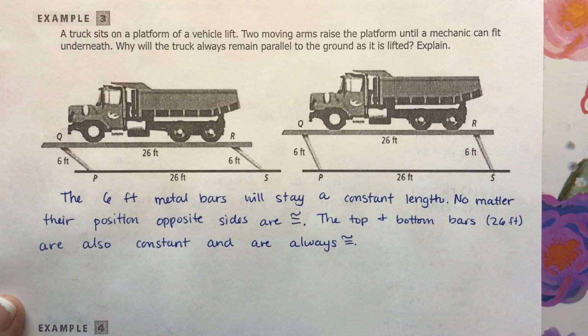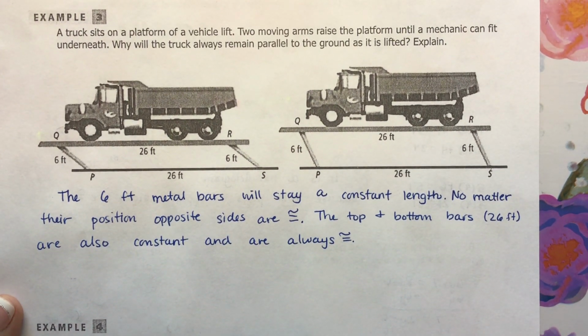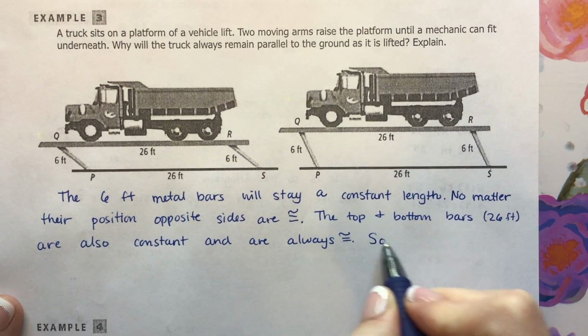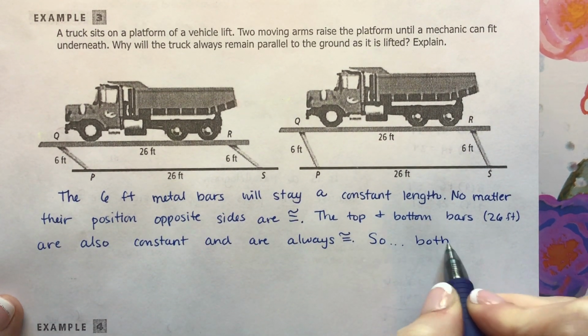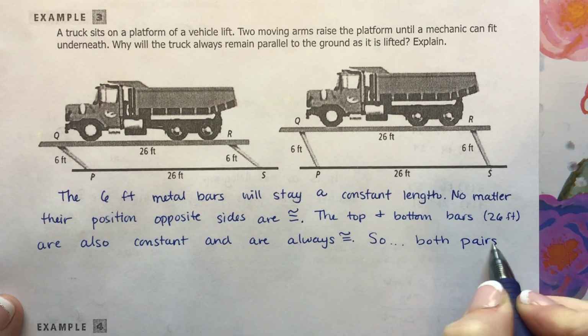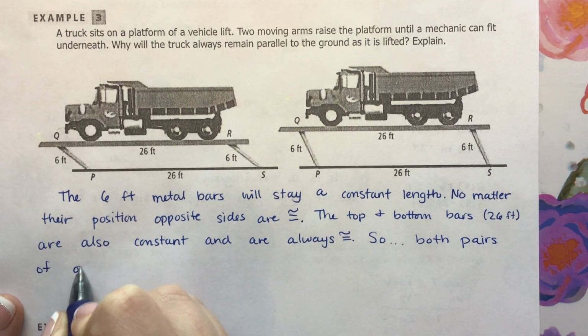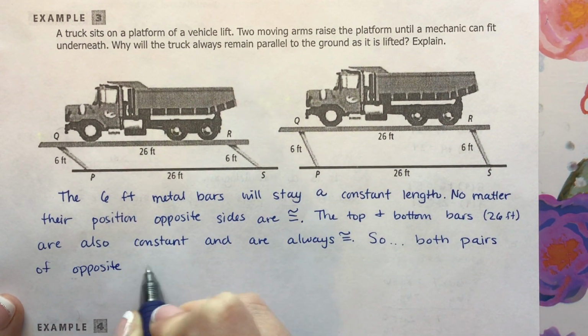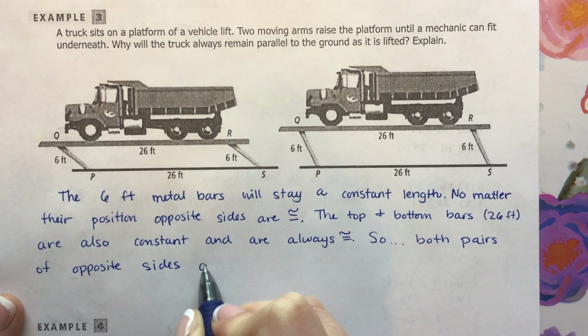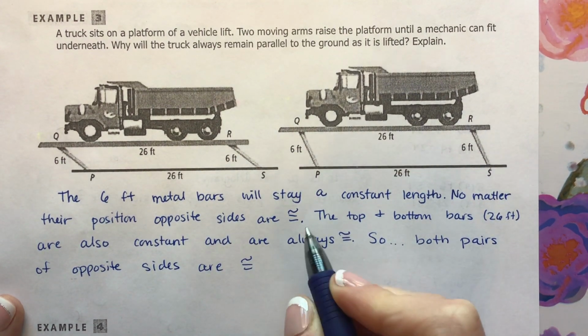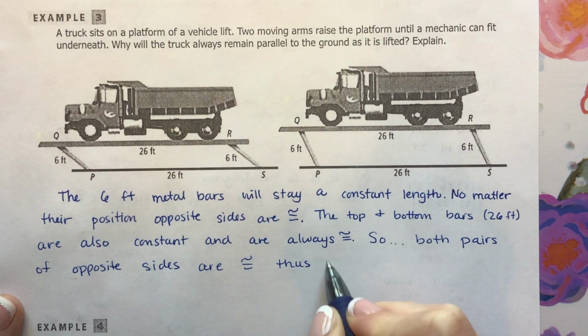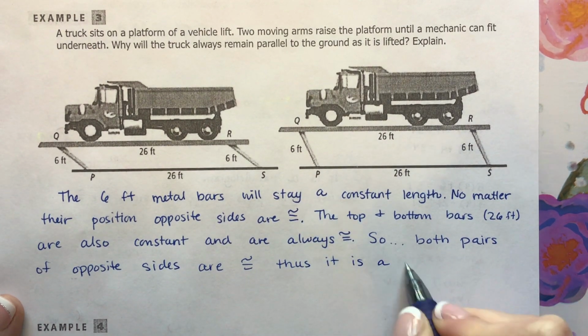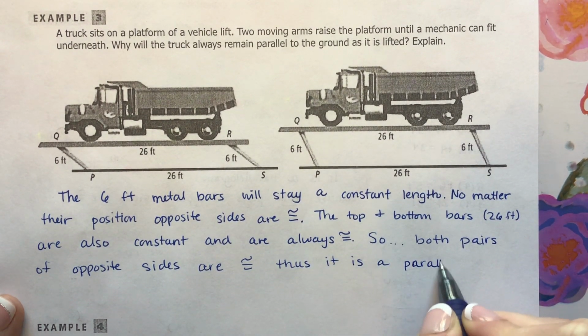So now I have both pairs of opposite sides are congruent. Thus, it is a parallelogram.